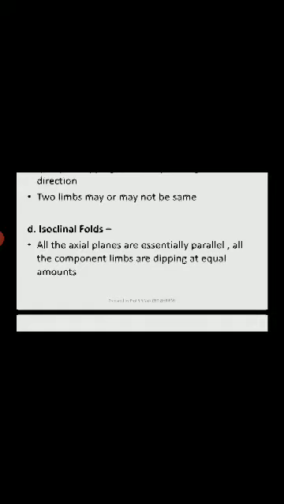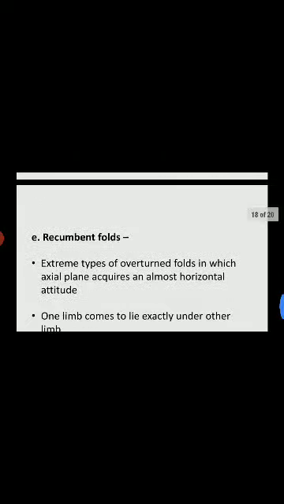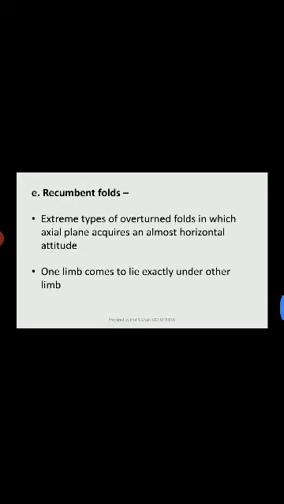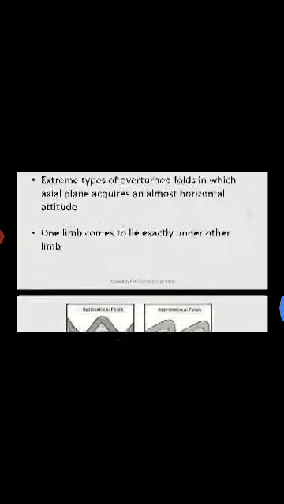All the axial planes are essentially parallel and all the component limbs are dipping at equal amounts. The next is recumbent folds. These are extreme types of overturned folds in which the axial plane acquires an almost horizontal attitude. One limb comes to lie exactly under the other limb.